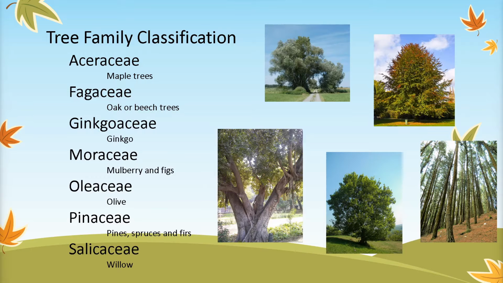So let's take a simple example here of a tree classification system. This is a standard family of trees. It's a type of classification. In this case, we can see down the left-hand side, we have the different families. And if we wanted to go out to our yard and classify the trees in our yard, we might start with this classification. Just a quick note, this family tree classification is a simple example of a flat classification.